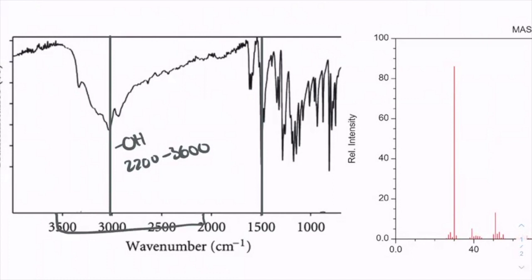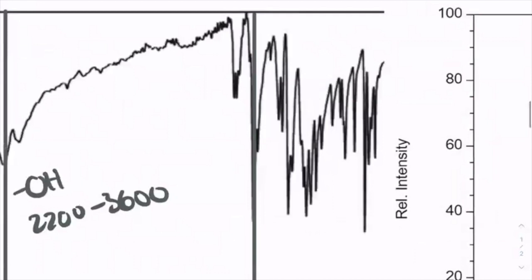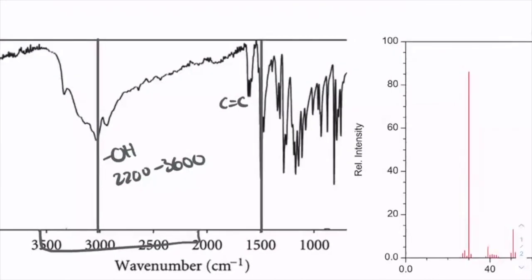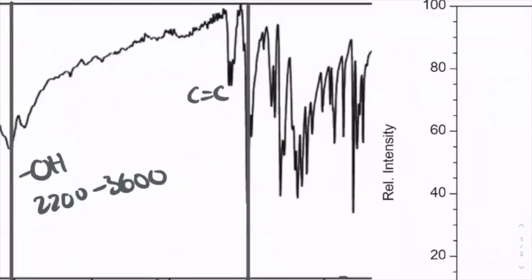Does that matter, you think? I don't think that matters. Okay. And then this would probably be the C=C double bond, right? Yeah, because it's not that intense. And that's at like what, 1700? 1600? Just go 1600s.